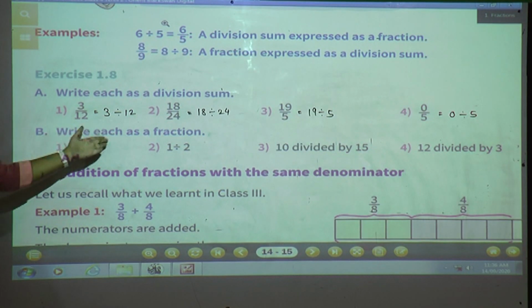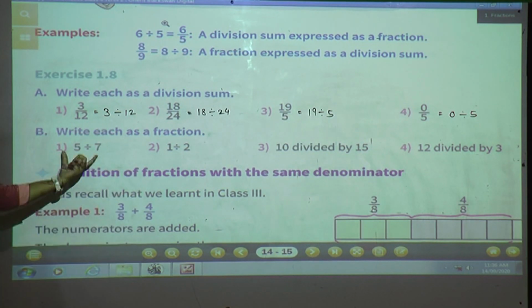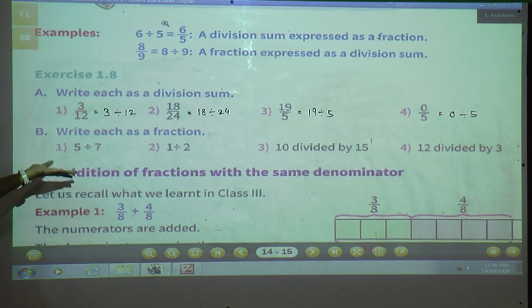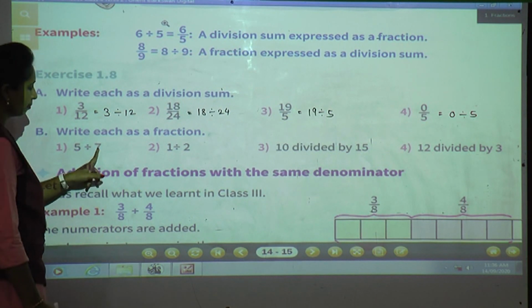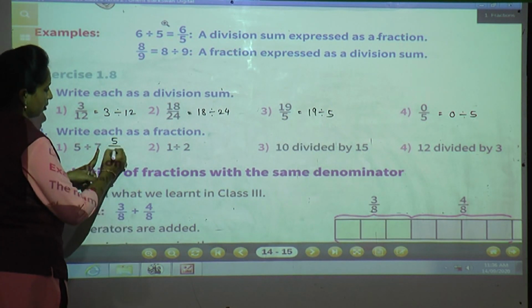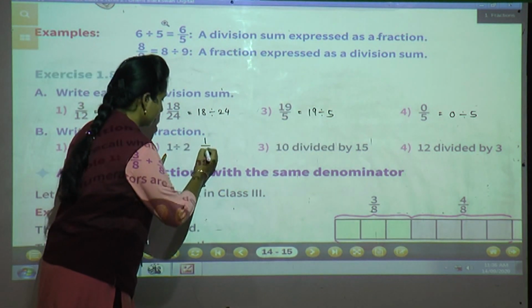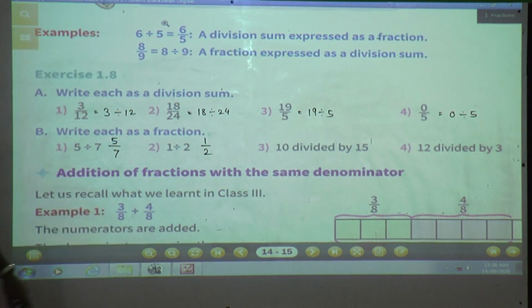Now we will see, write each as a fraction. Now division is given, and we need to express it as a fraction. Now how can we do it? 5 divided by 7. So 5 upon 7. Now 1 divided by 2 is 1 upon 2. Now see, 10 divided by 15. Very simple.